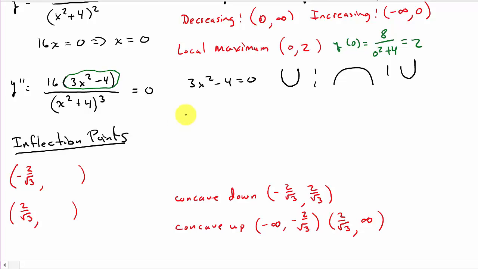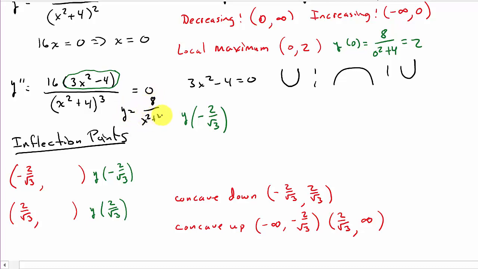So I need to find y of -2 over square root of 3 and y of 2 over square root of 3. So I'm going to come over here, and I'm not going to do both of them, but I'll evaluate one of them. So remember, our function was y equals, what was it? 8 over x squared plus 4.